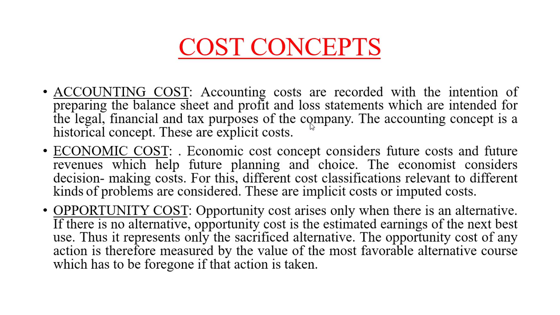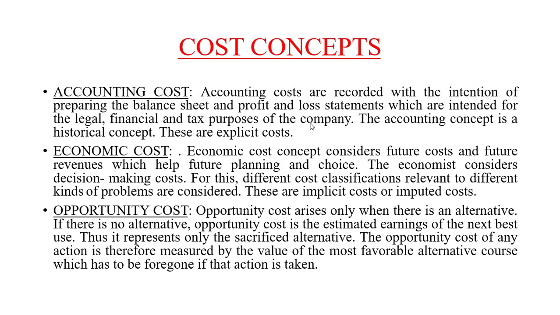When we say separate legal entity, it means even if you are the owner of the business, your personal expenses or your personal cost will not be shown in the accounting cost, right? But whatever cost is related to the business, we record it in the journal. That's why it is called a separate legal entity.